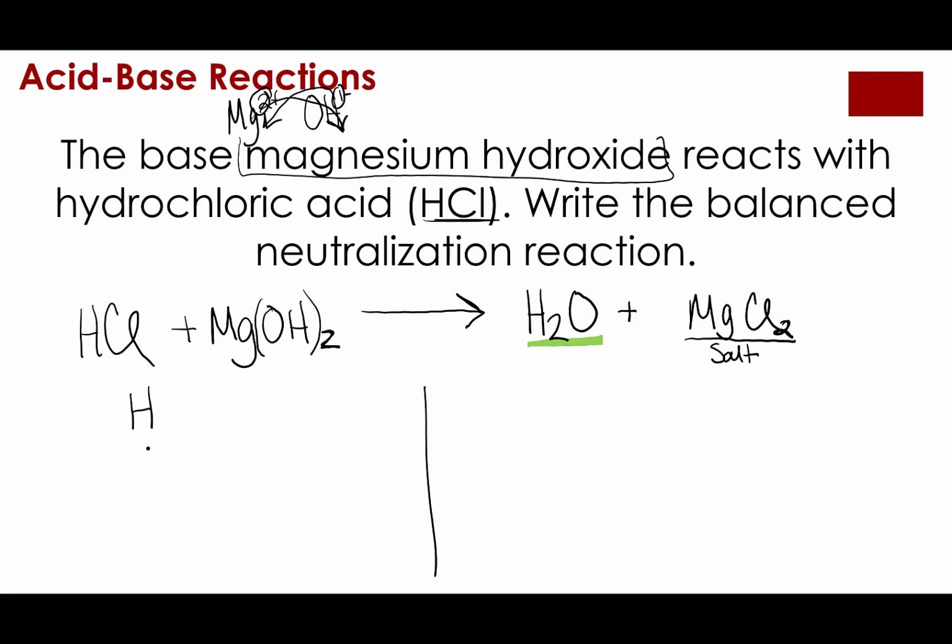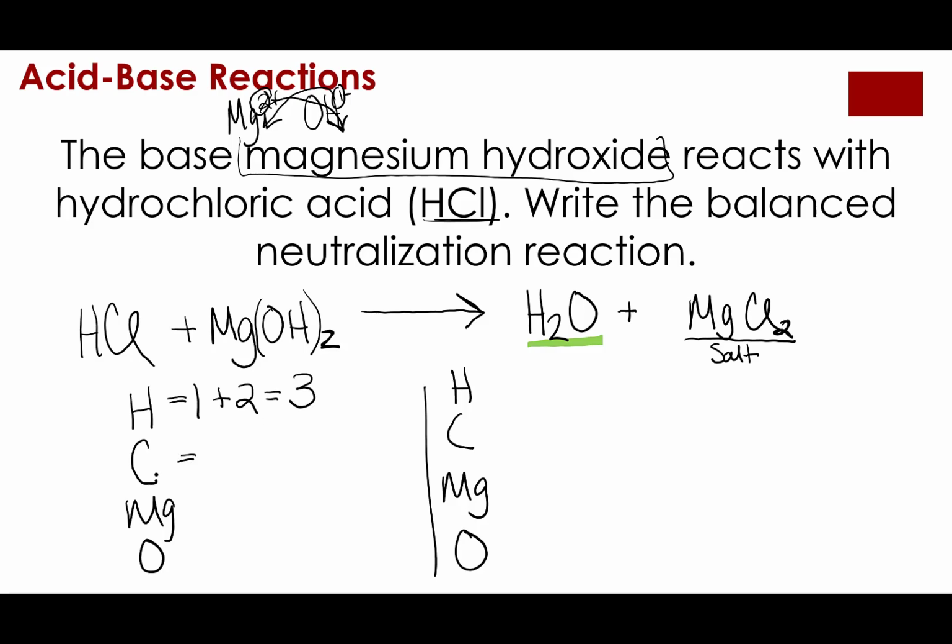Now we just need to decide, is this equation balanced? So I'm just going to take inventory of the molecules I have, the atoms I have, and see what needs to be done here. So hydrogens, be careful here. We've got 1 hydrogen from our acid, and we've got 2 hydrogens from our base, so it's a total of 3.